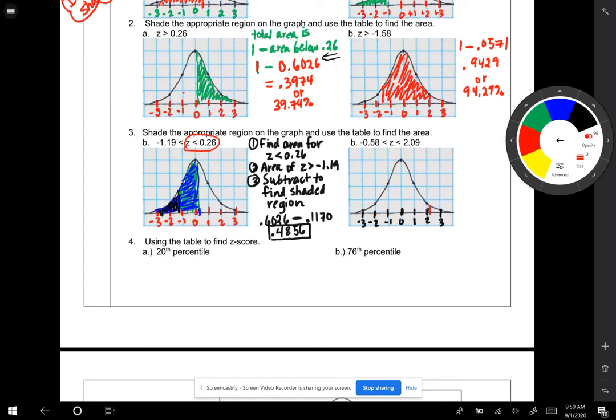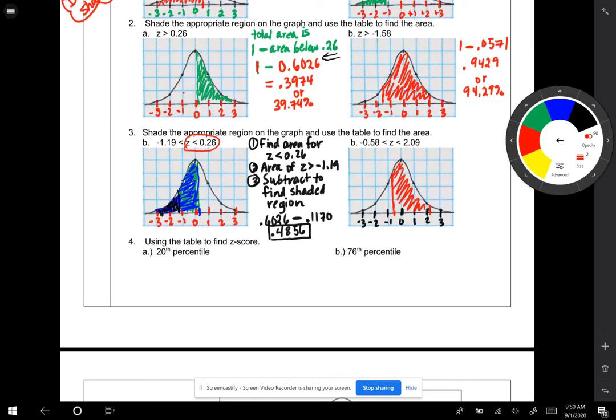And z greater than negative 0.58, right here. It would be everything to the left of that, and then what's remaining is in the middle. So you take all the stuff left of this point, shade it in. You take all the stuff over here, shade it in, and you're remaining with the middle region. You don't need to shade it in because you know this is what they're asking for.